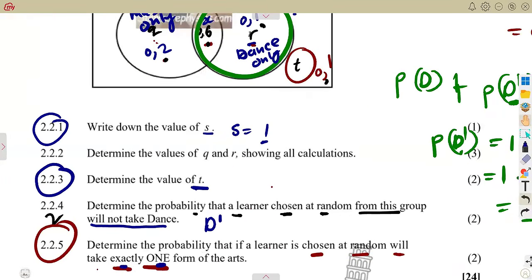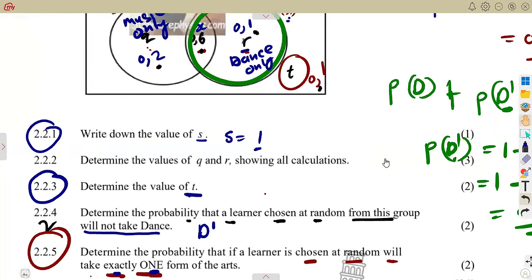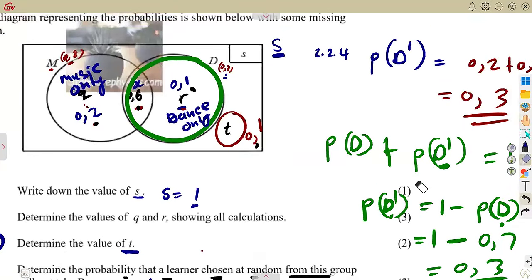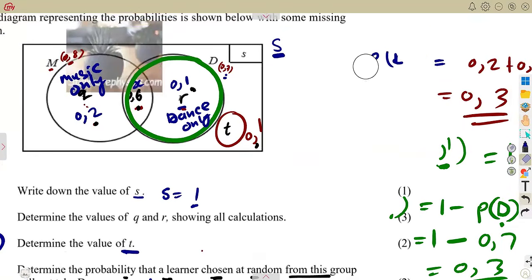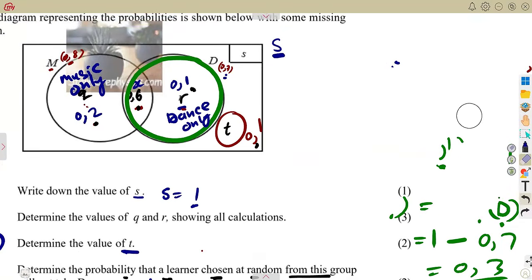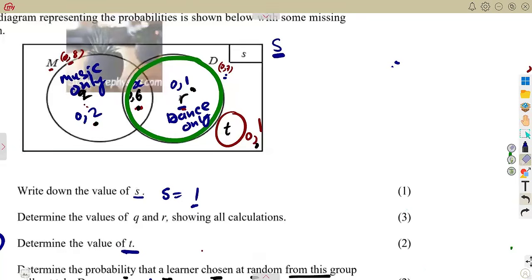They are saying exactly, not at least. Take note, they are not saying at least. This one, it's not an at least question. It's exactly where we are having one sort of art that is to be taken. So it can only be those who are taking music only and those for dance only.